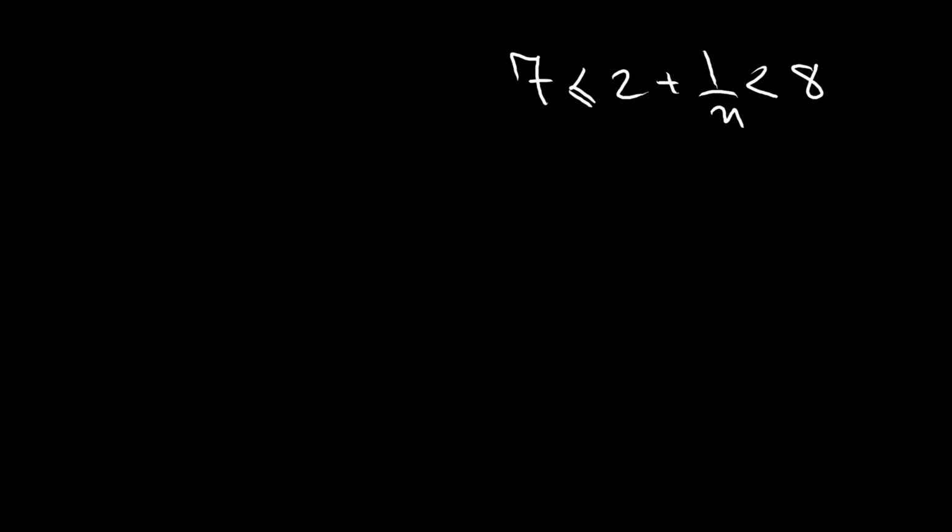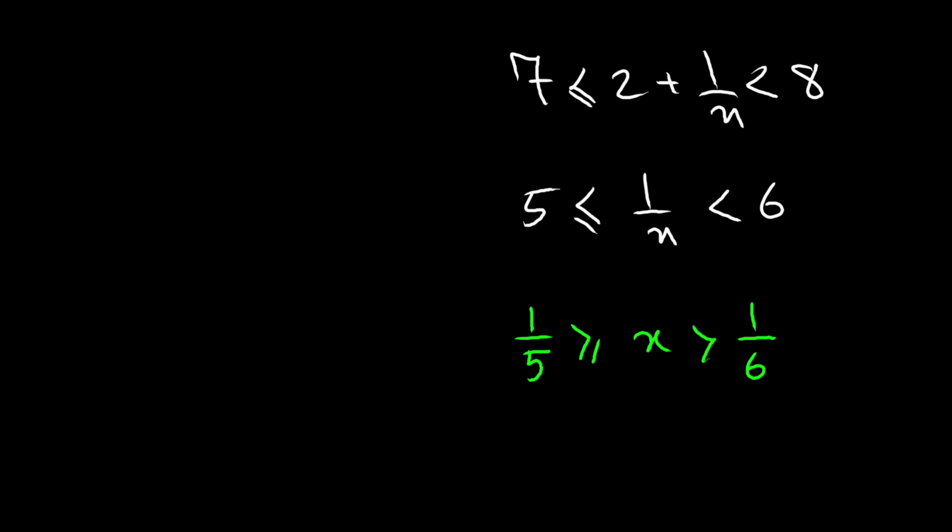So we can say that 5 is less than or equal to 1 over x, and this is less than 6. Next, we need to flip everything in order to find where x lies. But notice that once we do that, the direction of the inequalities will be reversed, which means that we're going to have 1 over 5 is greater than or equal to x, and x is greater than 1 over 6.